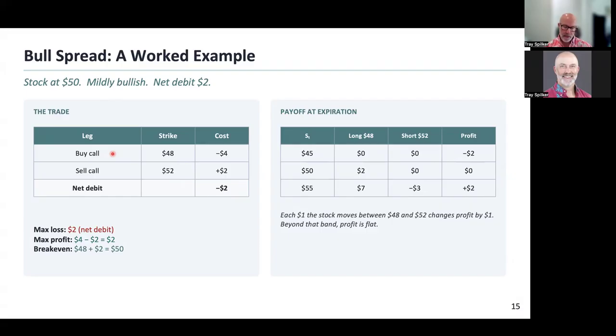At the share price of $50, that's where we put it on. The option with the lower strike price is in the money by $2. The other one that we're on the hook for is not in the money, so our profit is zero here. And our max profit, of course, occurs when the share price is above the higher strike price of 52 bucks.